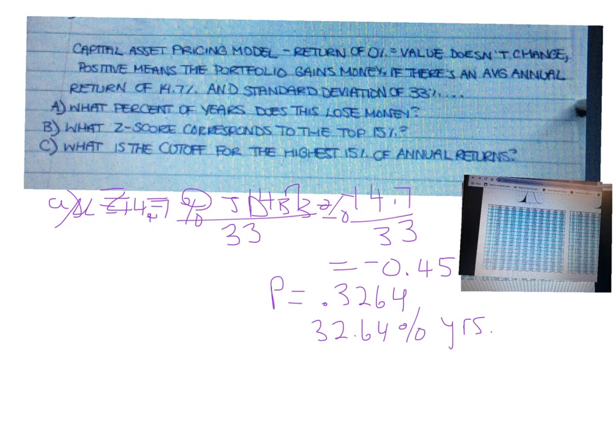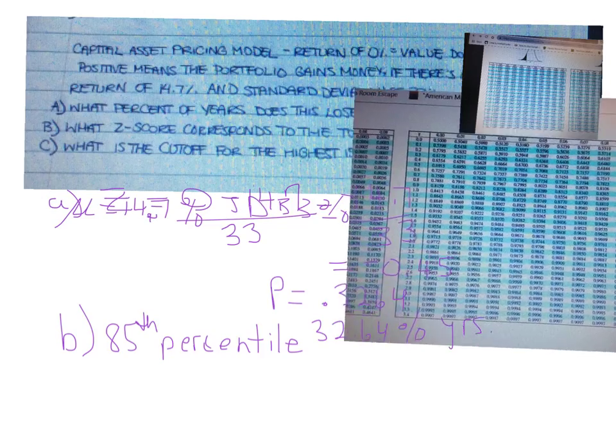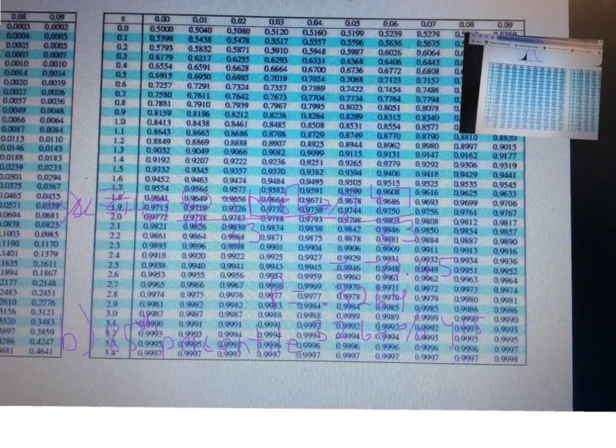For B, when it says the Z-score corresponds to the top 15%, then what we're really doing is finding the 85th percentile. As I mentioned before, you can do that using your RStudio if you want to, and you would use p-norm for that. Or you can use your chart, and again, we're going to need the positive chart this time, and we're looking for the 85th percentile.